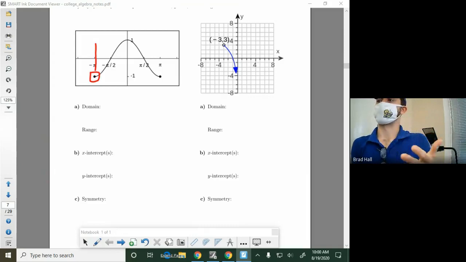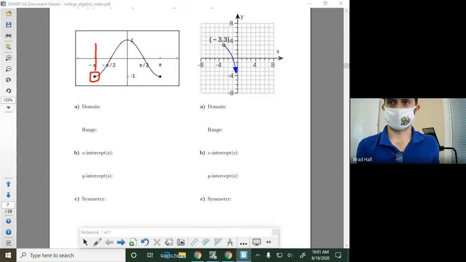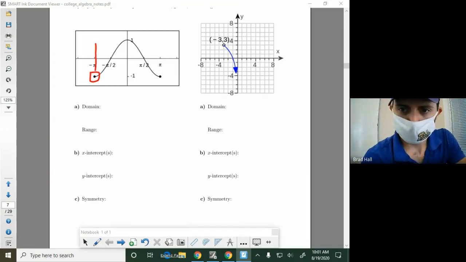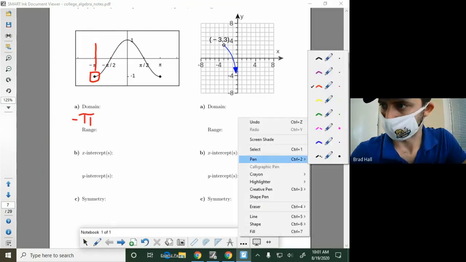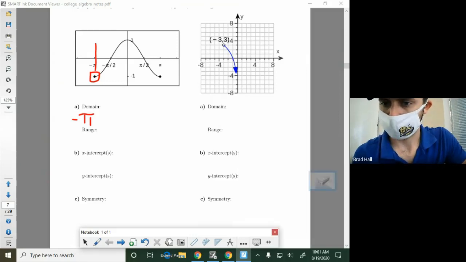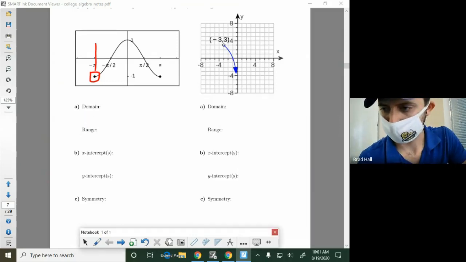What the problem does also say is put the answer in interval notation, not a compound inequality. So please see my last video on how to construct an interval notation. But we'll start off with negative pi. In fact, I'm going to use color black here. Erase that.